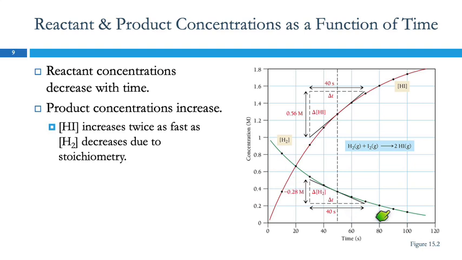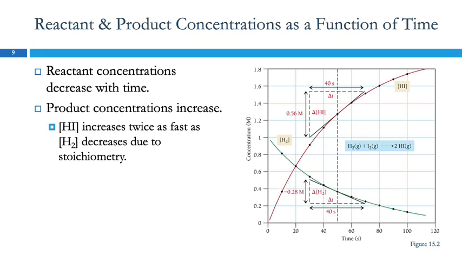From a graph like this, we can calculate a rate by drawing a tangent to this curve. So notice that these are not linear decreases. Some reactions will have a straight line, but most of them will not. It's some sort of a curve.